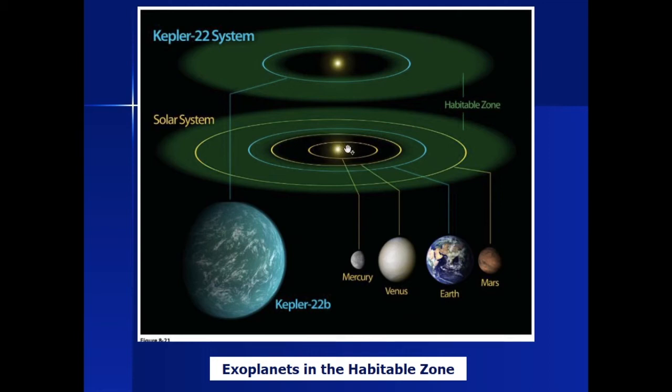If it's smaller and not outputting as much energy, the habitable zone might move inward. If it's a bigger star giving off more energy, that habitable zone may move farther out. So it does vary based on the system, but it is based on our understanding of what we know one planet in the universe for sure has life, Earth. So which other planets might exist in that region that has created our own Earth? And that's what we call the habitable zone.